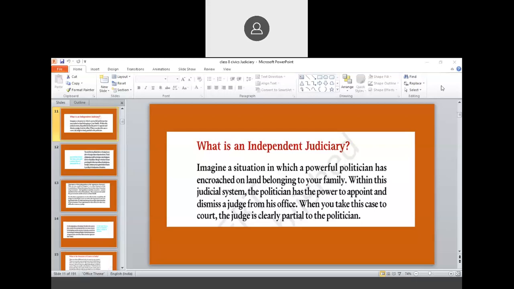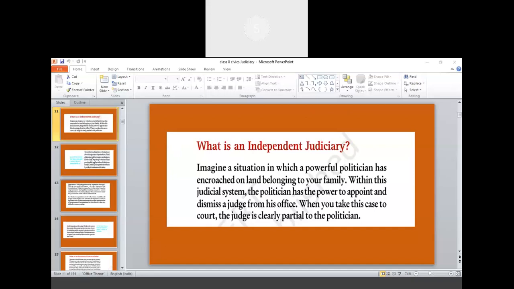At the same time, the Chief Justice of India cannot be removed from the post by the central government for a silly or simple reason. He can be removed only with a difficult process called impeachment. Impeachment should be passed by both houses of the parliament, Lok Sabha and Rajya Sabha. Till now, in the history of India, no judge of the Supreme Court has been impeached.